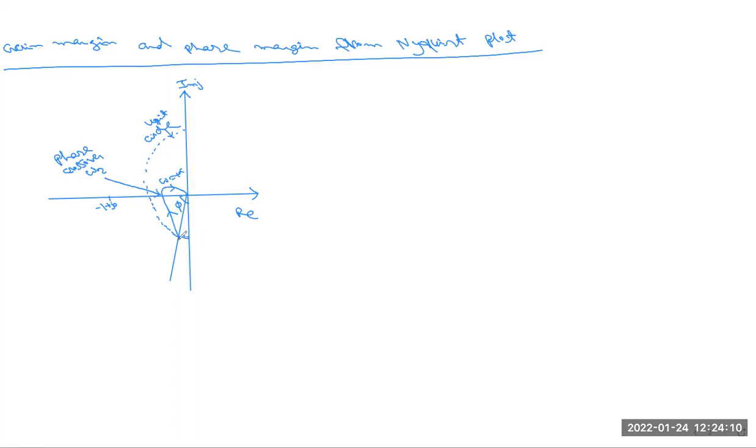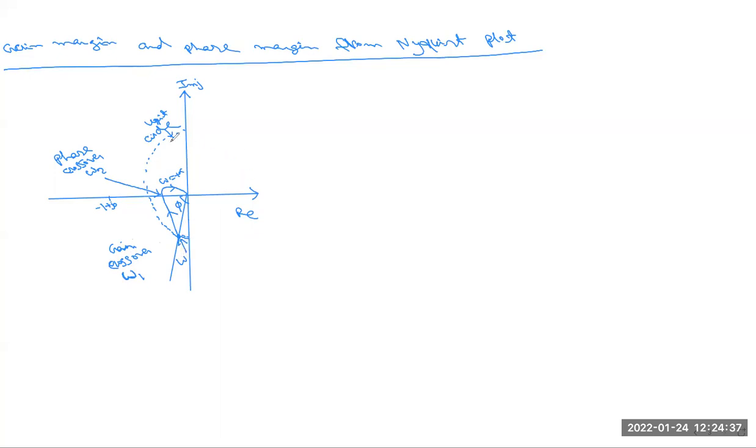Another one, this point, this is the connection to the real axis, this point. This is called the gain crossover frequency, and with respect to this we express it here as omega 1. Okay, this is the omega.